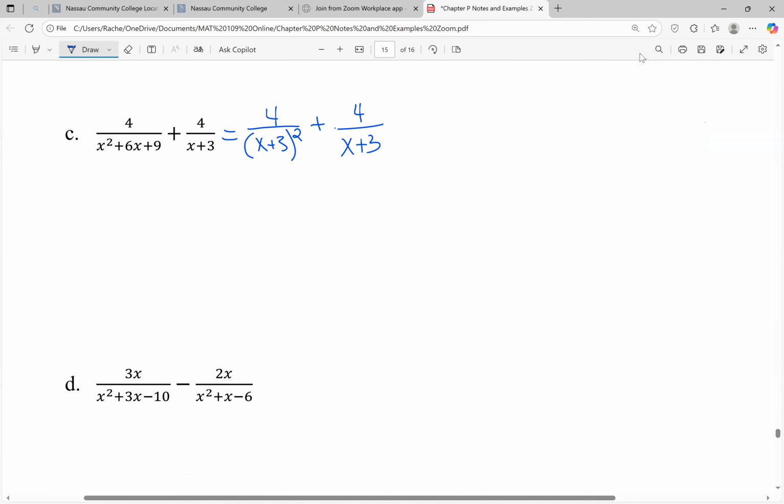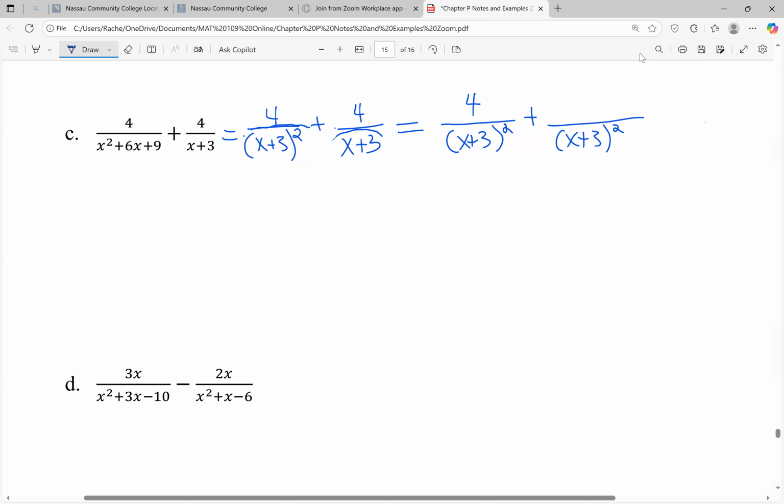So let's rewrite two equivalent fractions that have a common denominator of x plus 3 squared. So again, let's ask ourselves, how did an x plus 3 squared become an x plus 3 squared? Nothing changed, right? So my numerator of 4 is not going to change either.